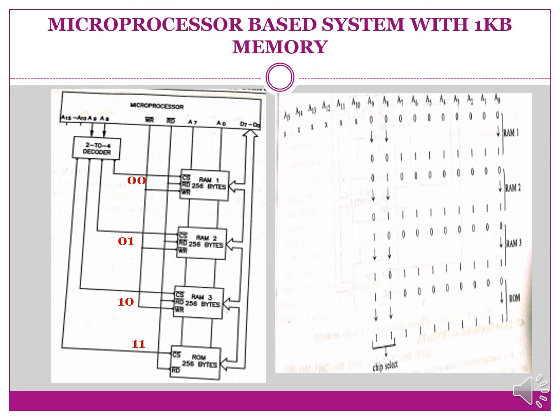Now for the next interfacing, here we are using 1 kilobyte of memory. In the 1 kilobyte memory, we use one 256-byte ROM and three 256-byte RAM memories. So chip selection is required, and for the chip selection function, we are using A8 to A15 pins.